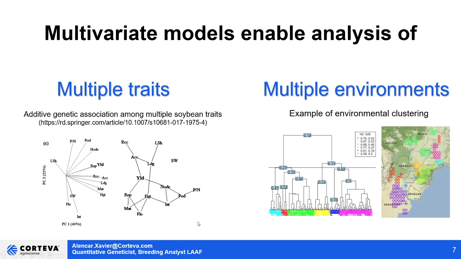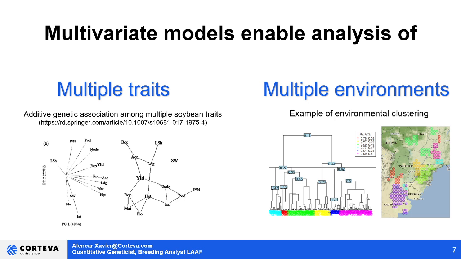And on the right, what I have here is a graphical model also built upon the genetic correlation among traits, showing that yield is directly connected to three other traits: ACC, which corresponds to average canopy coverage, the number of nodes in the soybean plant, and the length of the reproductive period, here depicted by the abbreviation REP.